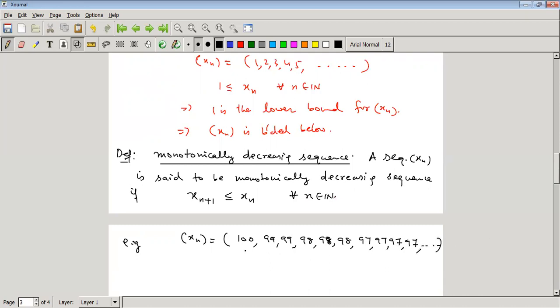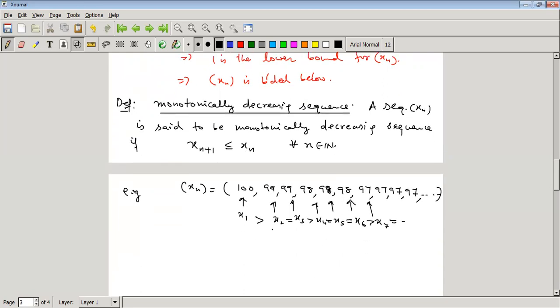This is our first term, this is the second term, this is the third term, this is the fourth term, this is the fifth term, and so on. What we observe is x1 is greater than x2, x2 is equal to x3, x3 is greater than x4, x4 is equal to x5, x5 is equal to x6, and x6 is greater than x7. So the previous term is greater than or equal to the next term, or we can say the next term is less than or equal to the previous term.